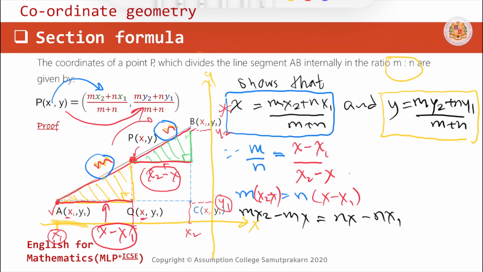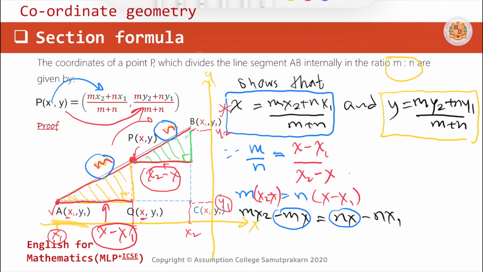Okay, what do we do now? We're gonna have to put x with x. So we have this x here and that x, all right? We're gonna move it, put it together, maybe on the left hand side.